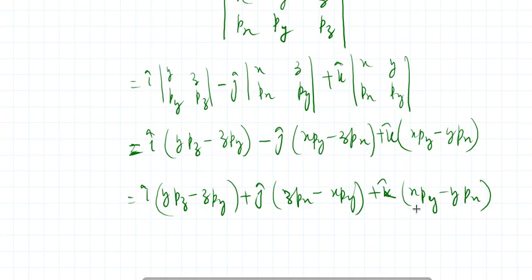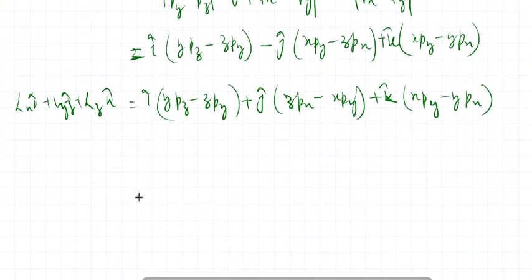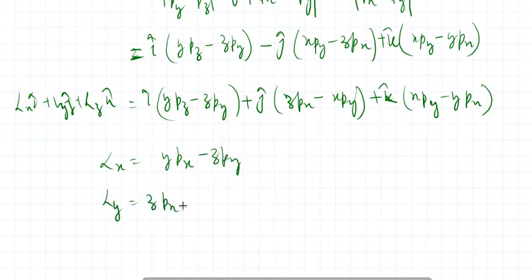So it has three components: Lx i cap, Ly j cap and Lz k cap. The different components of angular momentum are Lx equal to y pz minus z py, Ly equal to z px minus x pz, and Lz equal to x py minus y px. So these are the different components.